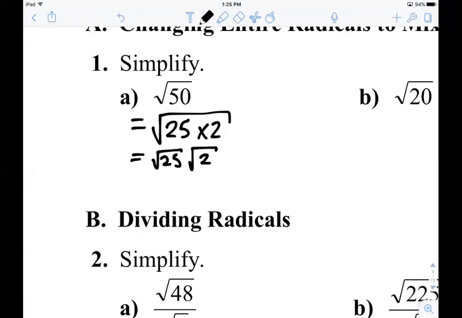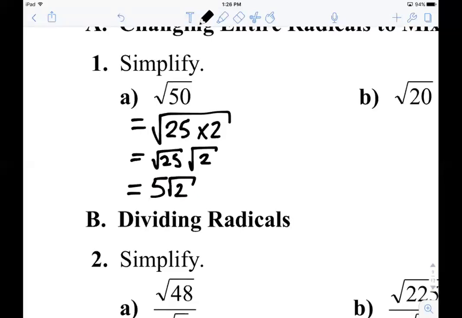So our final simplified way of writing this radical is to say it's really 5 times the square root of 2, or 5 root 2 is sometimes how we would say that in a simpler way. Because it is the square root of 25 multiplied by the square root of 2, but because the square root of 25 can be simplified, it's really just 5 times the square root of 2.